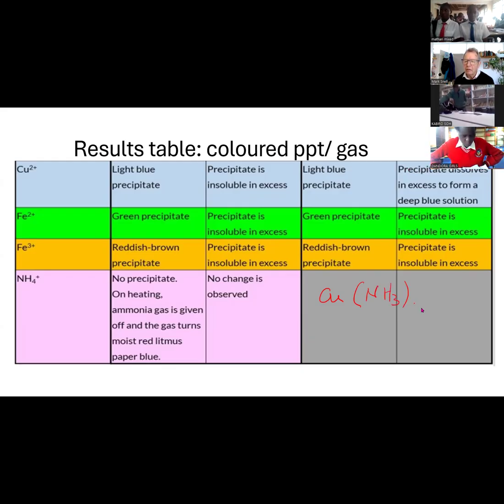Same pattern, so there are 4 of them in square brackets. And therefore it is 2 plus because ammonia is not charged. So this is the blue solution afterwards. Okay, let's move on.